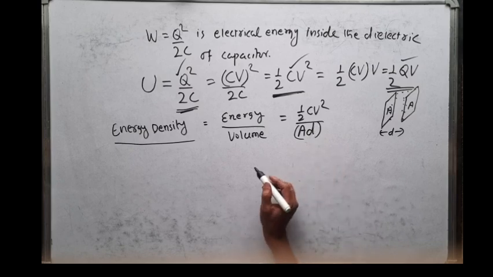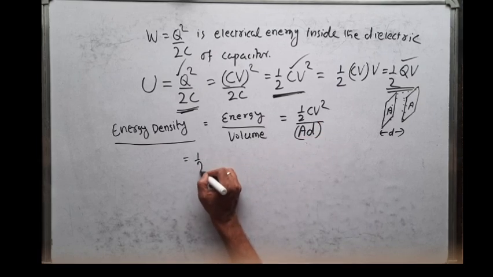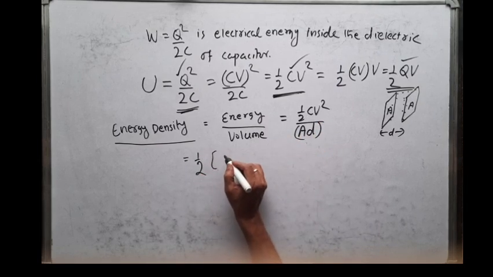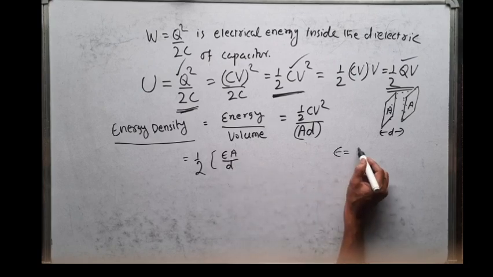But what is the value of capacitance? We have discussed now. Half C V square. C is equal to, for a parallel plate capacitor, epsilon A by D. Epsilon is equal to what?